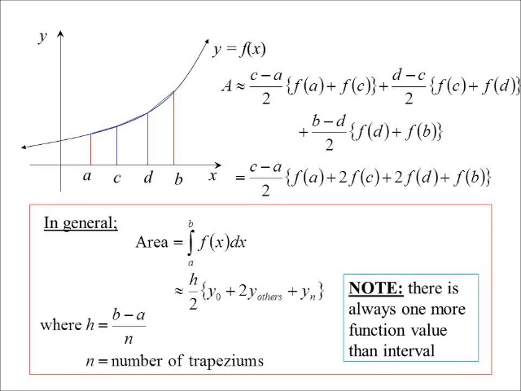Sometimes in a question they'll say using so many function values. Other times they'll say using 5 strips or 5 trapeziums. It's important because when you work out H, B minus A over N is the number of strips or the number of trapeziums. So if they say using 5, for instance, function values, then I know I've got to divide by 4 because there'll always be one less strip than the number of function values.